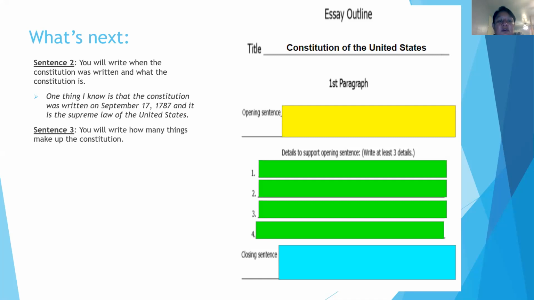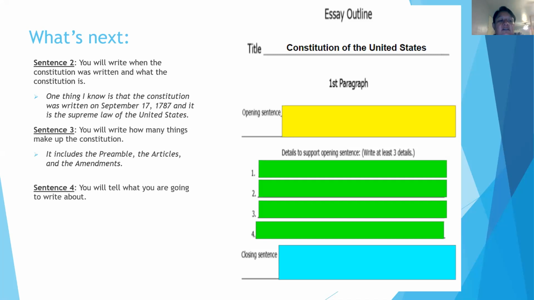Sentence 3, you will write how many things make up the Constitution. It includes the preamble, the articles, and the amendments. Sentence 4, you will tell what you are going to write about. It is about this document that I will be telling you about the elements that make up our Constitution.